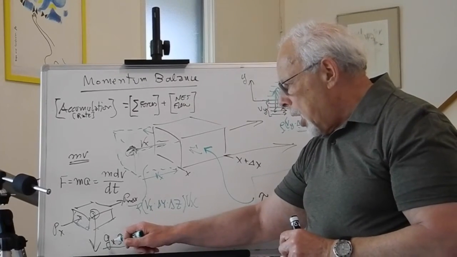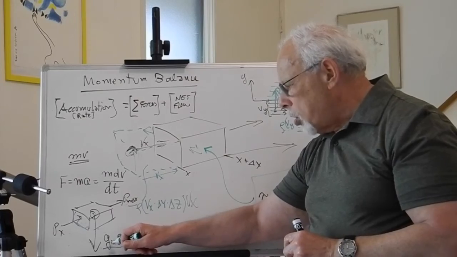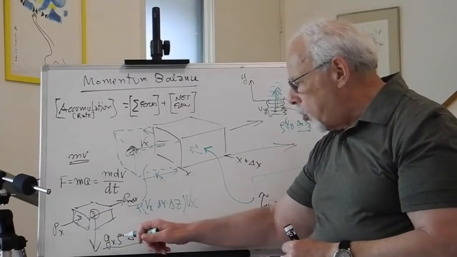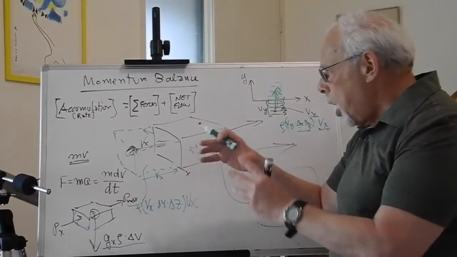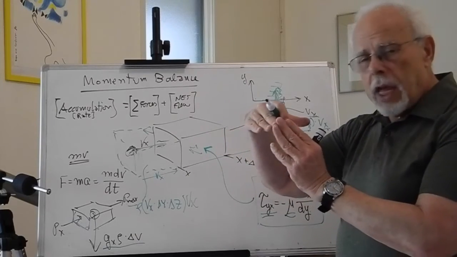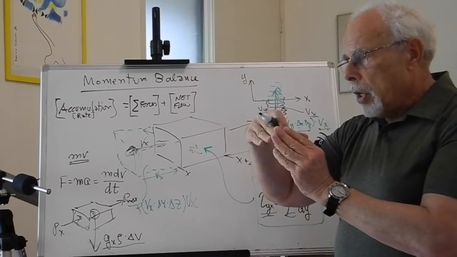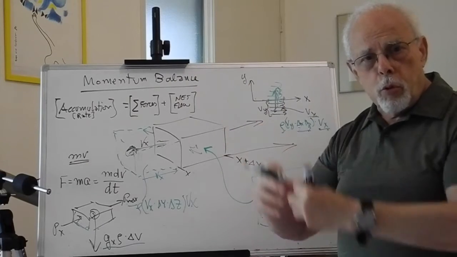So the direction of the g of gravity in the direction of x, because we don't know where x stands relative to the pull of the Earth.